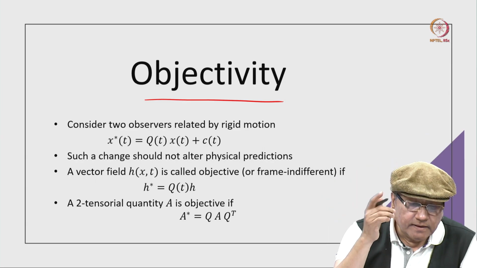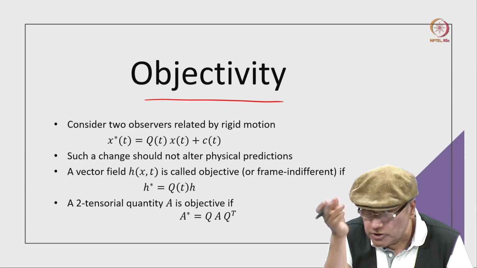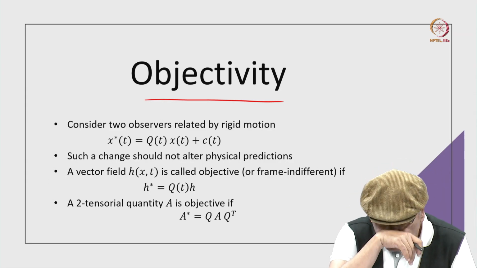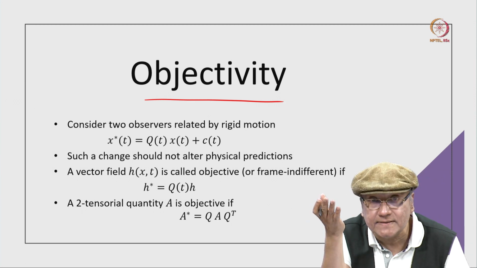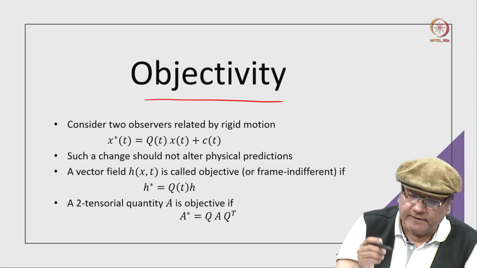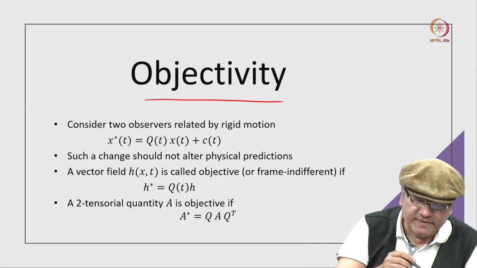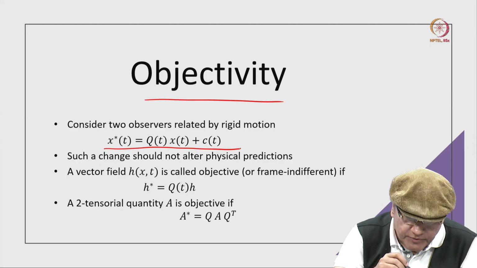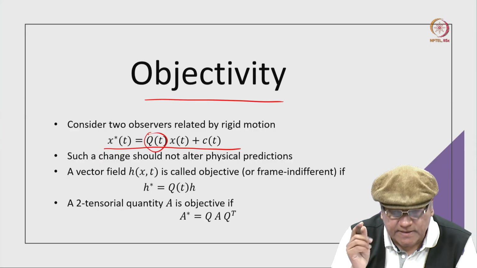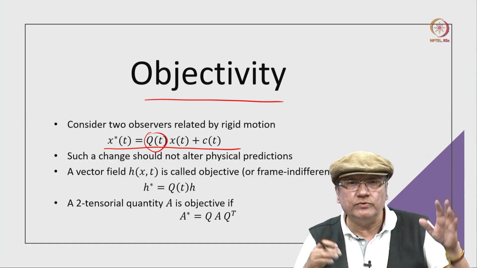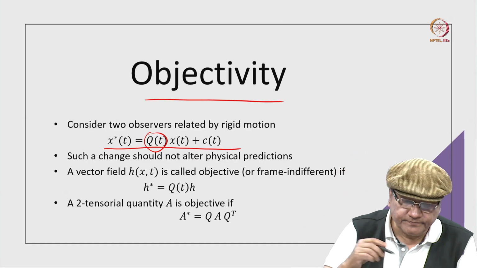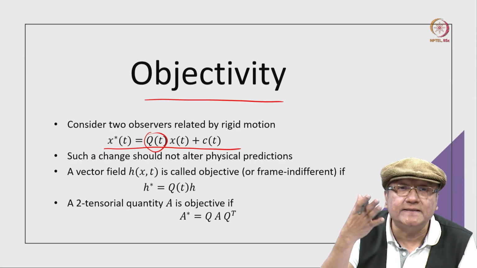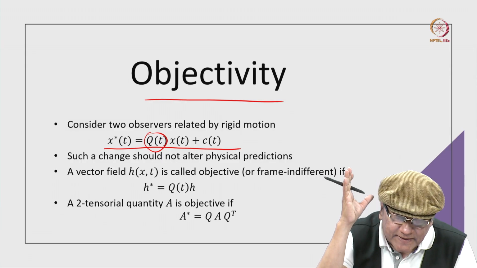Now, let us talk of the objectivity or frame indifference. As I said, in the spatial configuration, not in the referential, because we are now talking of spatial vectors, spatial tensors. L is a spatial tensor. Consider two observers or a change of coordinates, a simple change of coordinates. So, x star is q(t), which is an orthogonal matrix, times x(t) plus c(t). c(t) is a translation, q(t) is a rigid body rotation. Such a change of coordinates should not create new physical phenomena, it should depict the same physics.